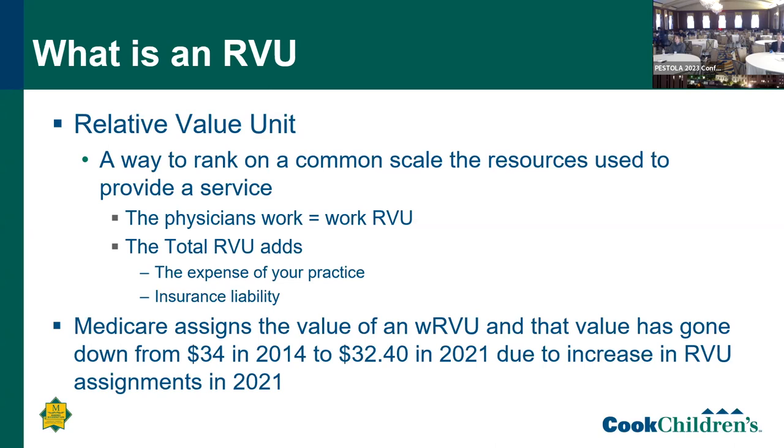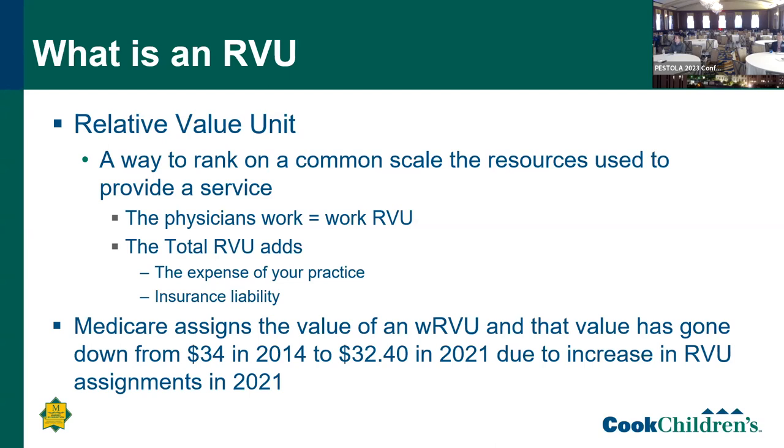RVUs are made up of two parts. There's the total RVU, and then there's the work RVU. The work RVU is the amount of work that's assigned for the physician to do the job. The total RVU adds in a component that covers the expense of the practice and paying for your insurance liability.